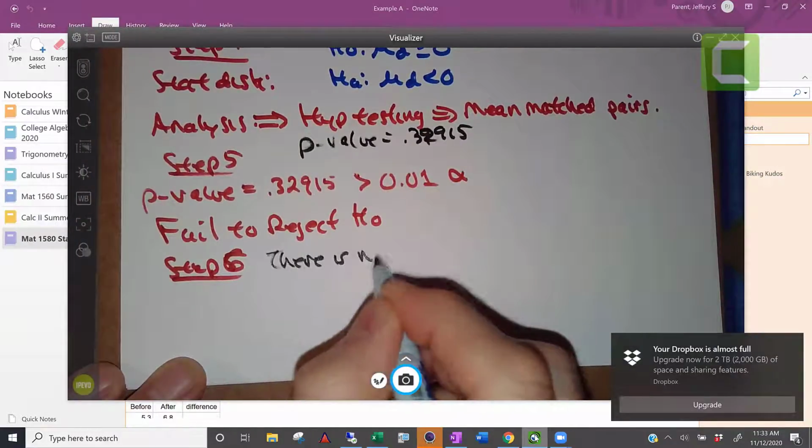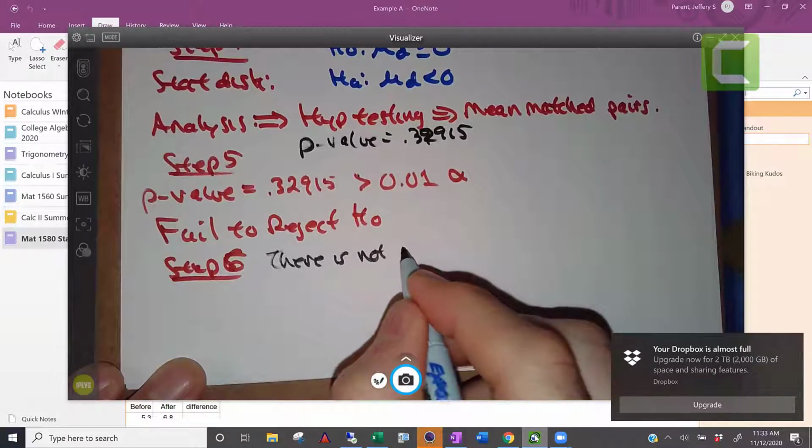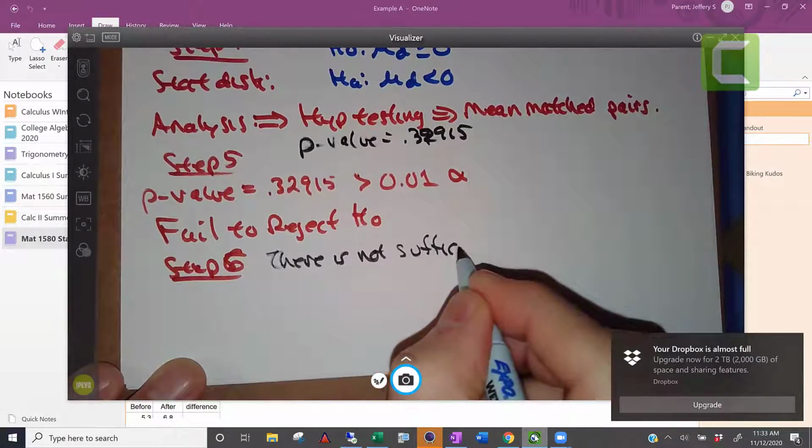There is not sufficient evidence, and let's put in the word sample as well.